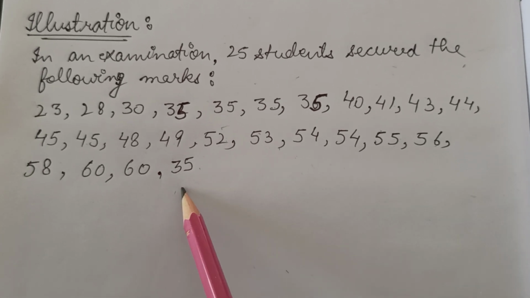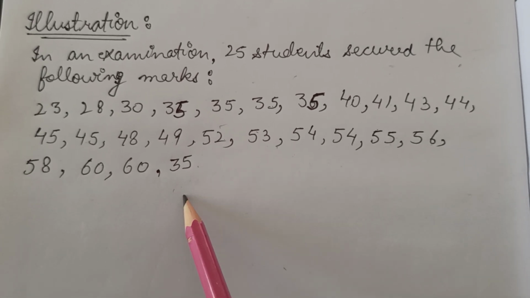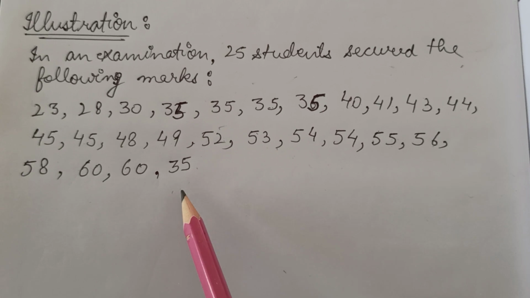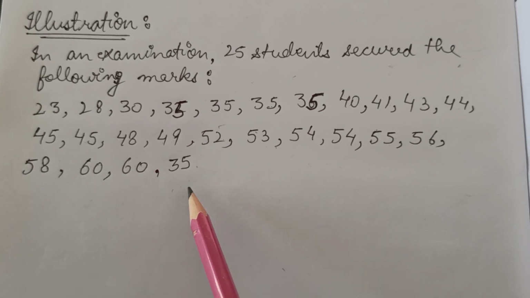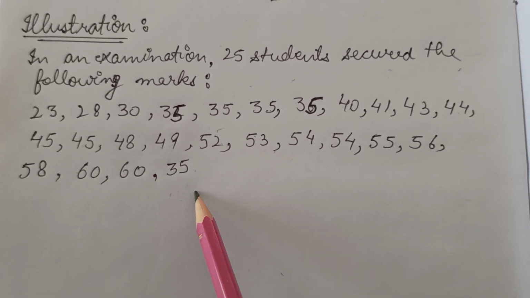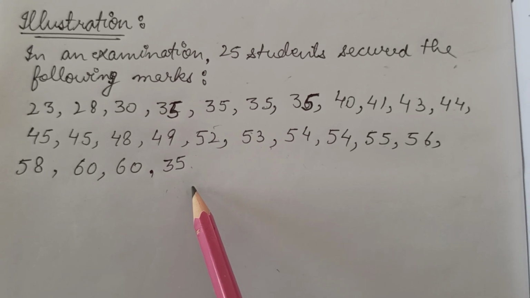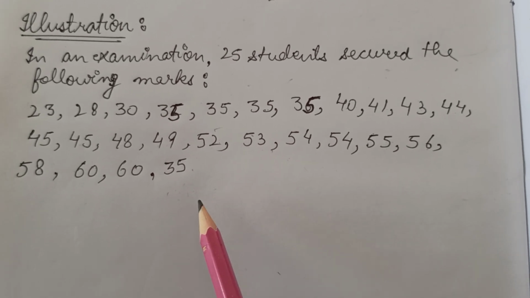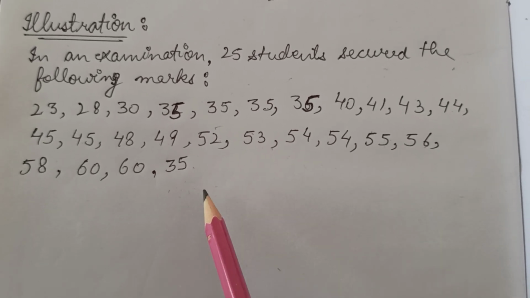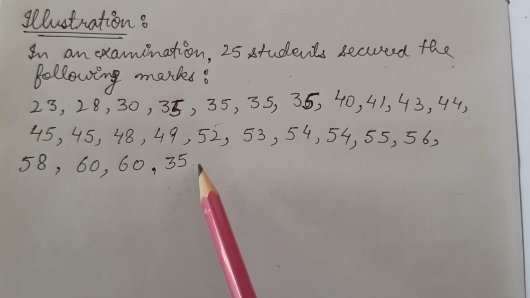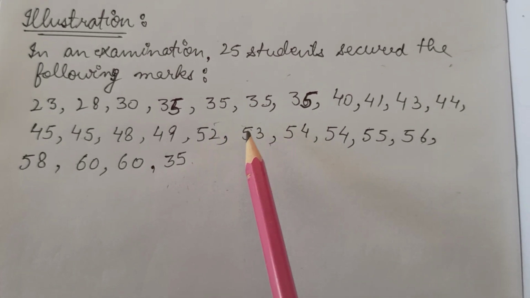As we know, in an individual series, we can arrange the data in three manners. The first is alphabetical order, the second is in the form of serial numbers, and the third is ascending or descending order. Now I am going to follow the ascending or descending order method.